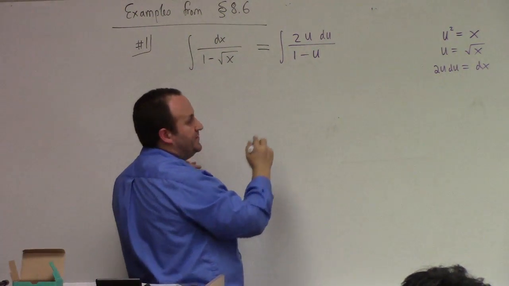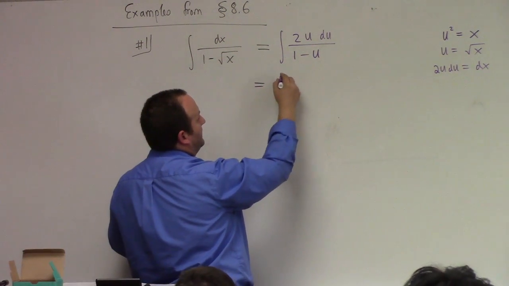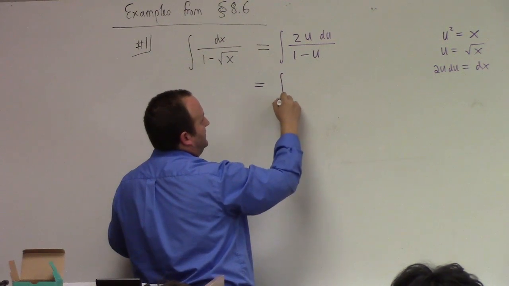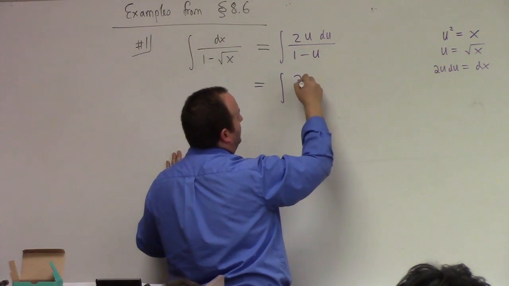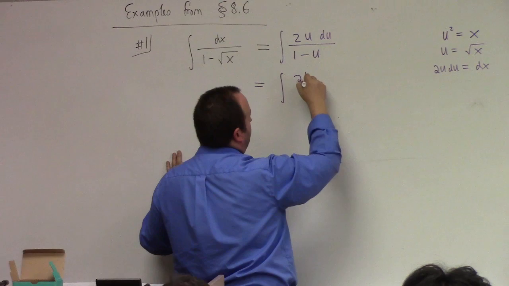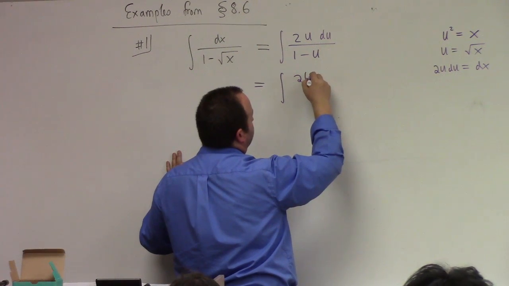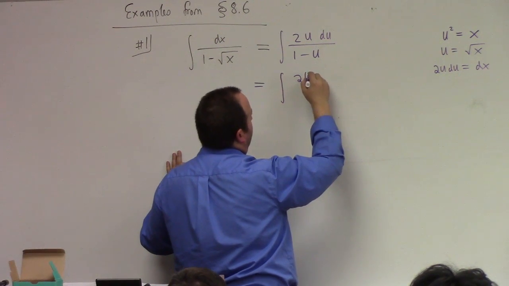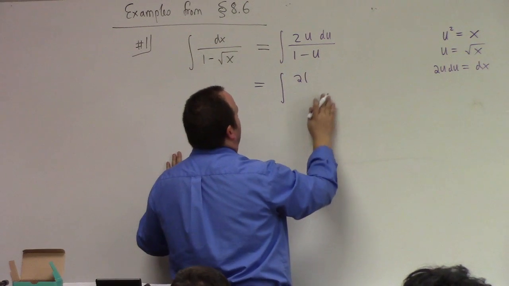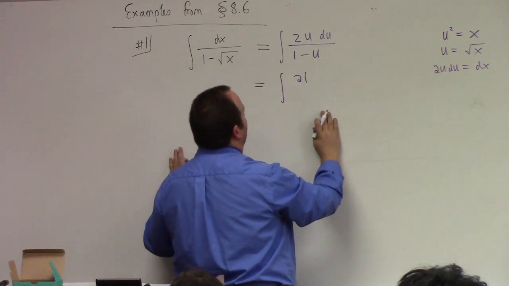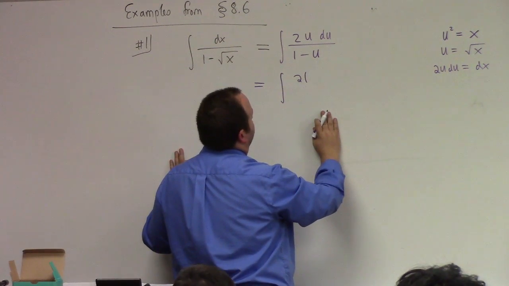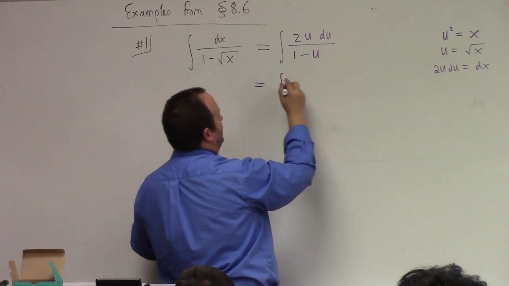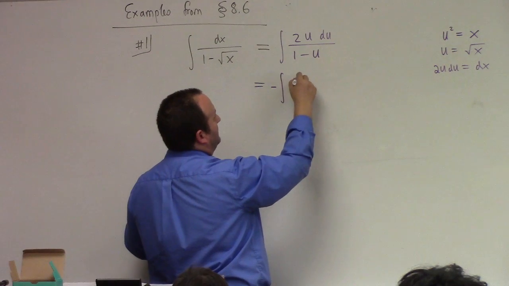Now here is a good opportunity for us to use the adding 0 trick. So what this is is 2 times... If you guys don't mind, I'm going to pull a minus outside so I can think more clearly about this one.